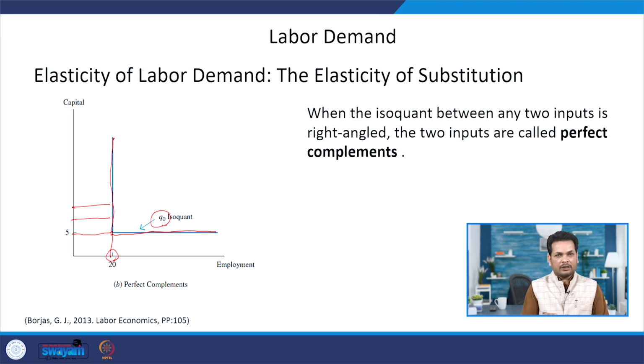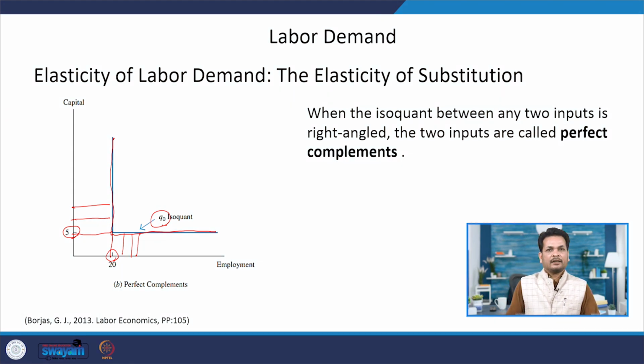Similarly, if the firm wants to fix the level of capital and tries to add more labor, it is also not going to increase the level of output. So, a perfect combination of capital and labor is 5 and 20 to produce Q0 level of output. In this case, these two inputs are perfect complements to each other.